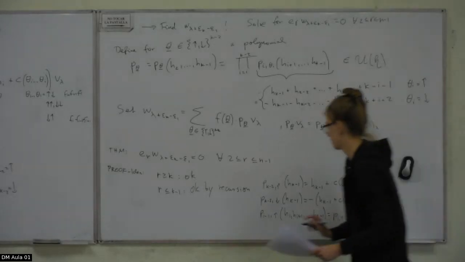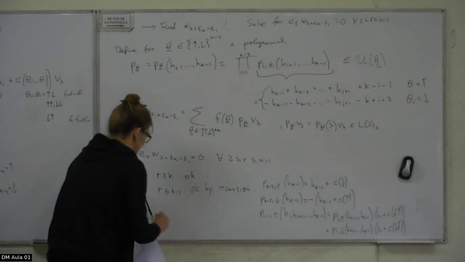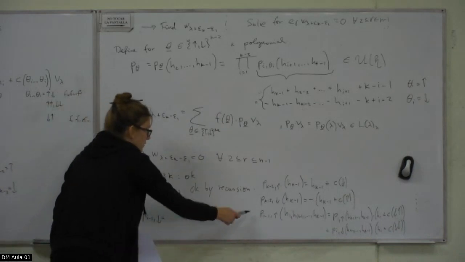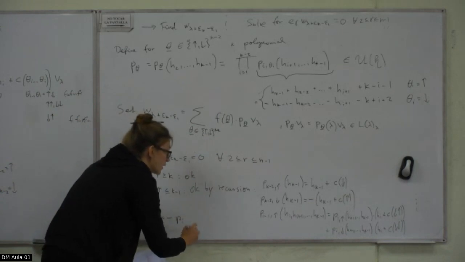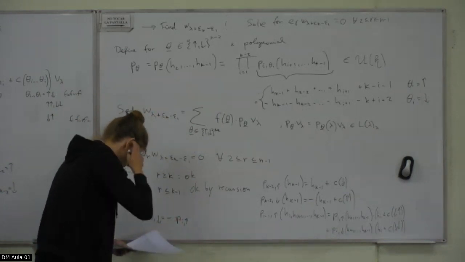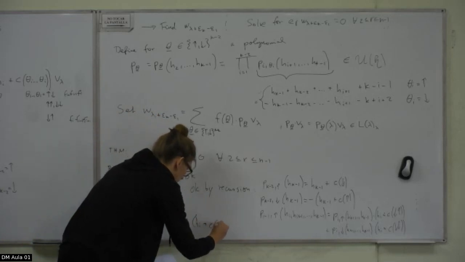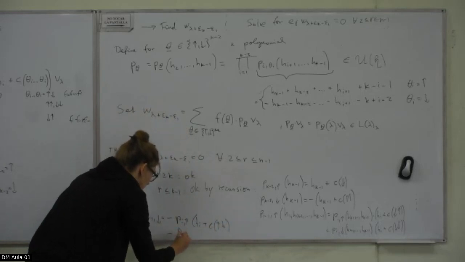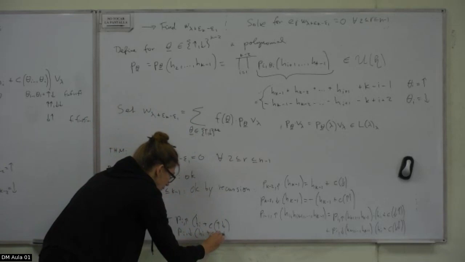And p_{i-1} down arrow, I'm not writing the h's it depends on, will be minus p_i up arrow times h_i plus c up arrow down arrow, minus p_i down arrow h_i plus c up arrow.